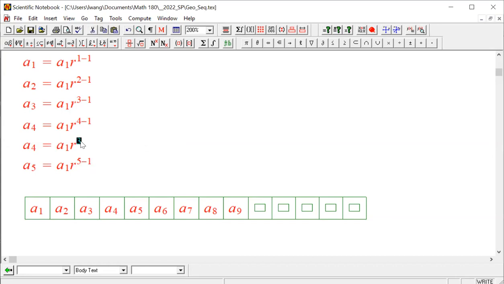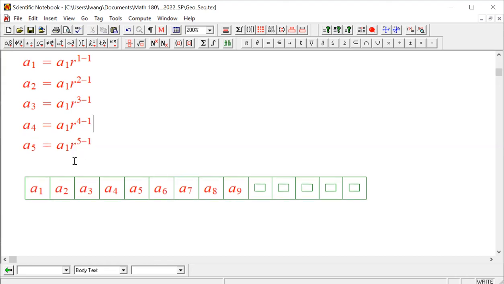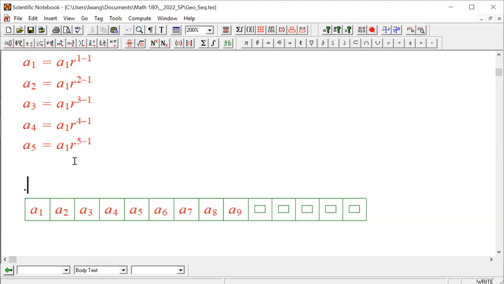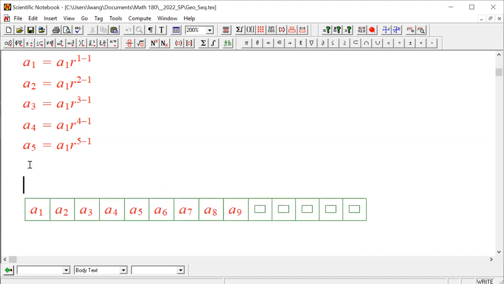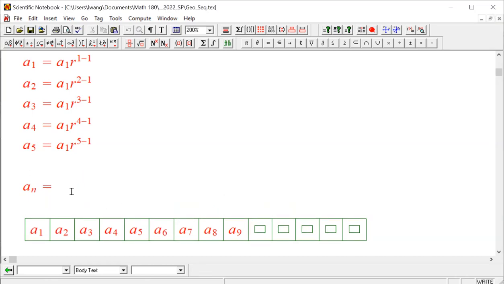So this is a 4 minus 1, right? Hold on, we already have it. Now, what if we get to the nth term? If the index is n, so if I have a sub n term, what would that be? Guess it.